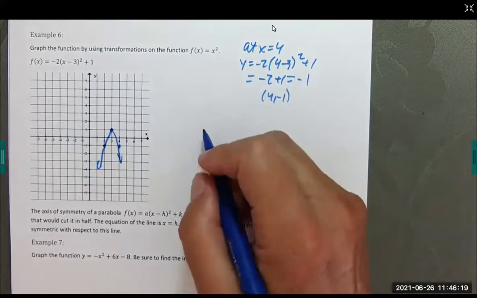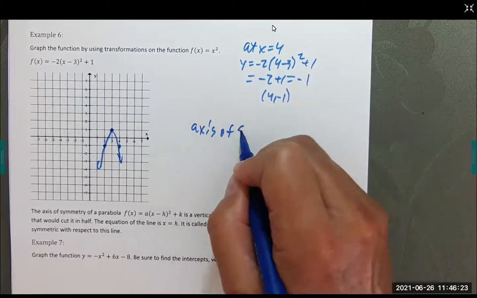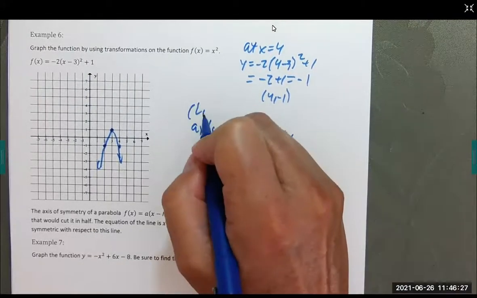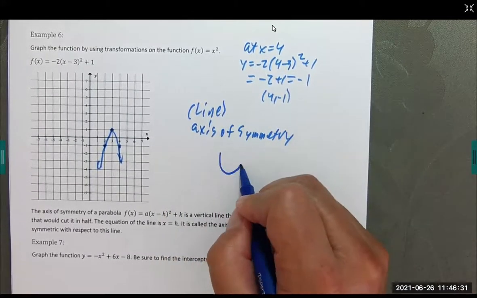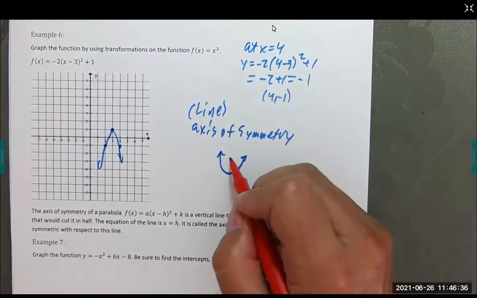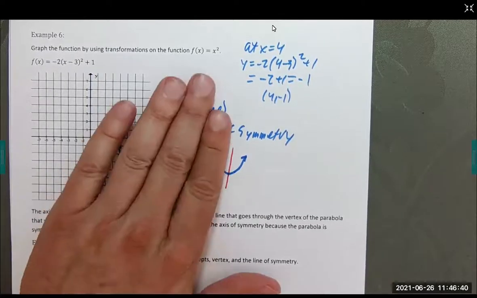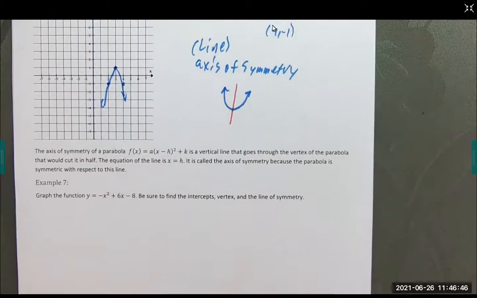And just in general, the axis of symmetry, sometimes called the line of symmetry, depending on the textbook, is basically when you have a parabola, it's the line that cuts it straight down the middle and goes through the vertex. And it makes it like a mirror, like it's exactly the same on one side as it is on the other. And we're going to talk a little bit more about that down here.